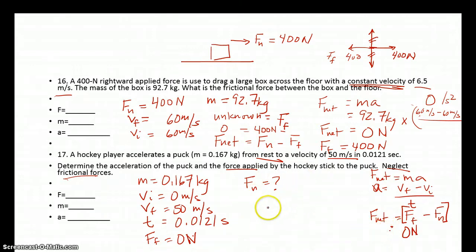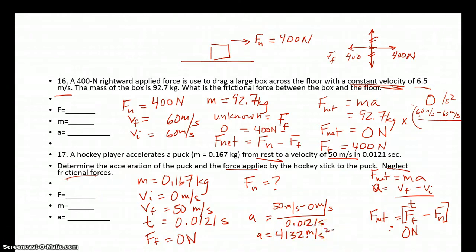So I know that I have 50 meters per second minus 0 meters per second over 0.0121 seconds. This is going to get my acceleration. When I punch that into the calculator, the acceleration is 4,132 meters per second squared.